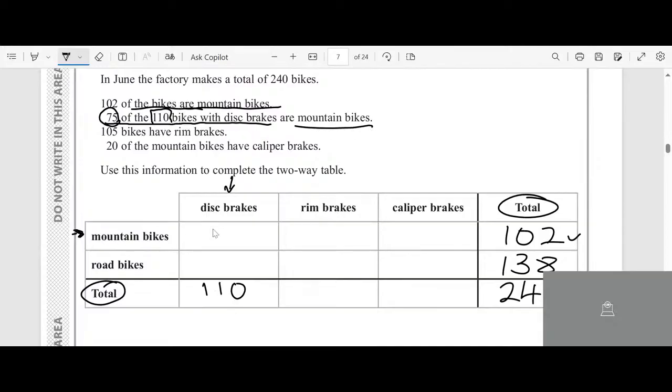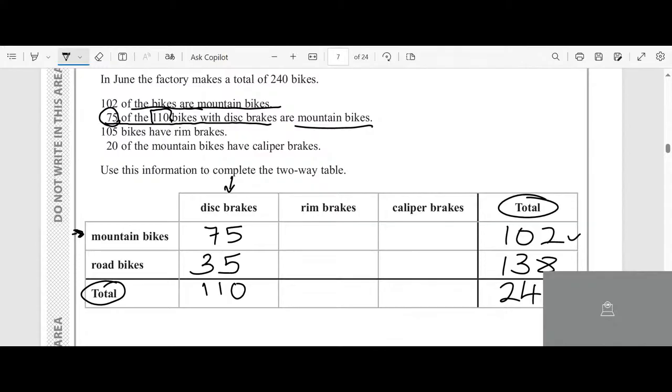The 75 are mountain, but the total are 110. Therefore, the total will be 110. We subtract 75, what we did also here. So the road bikes that have got the disc brakes are 35. So you comprehend as we move on.